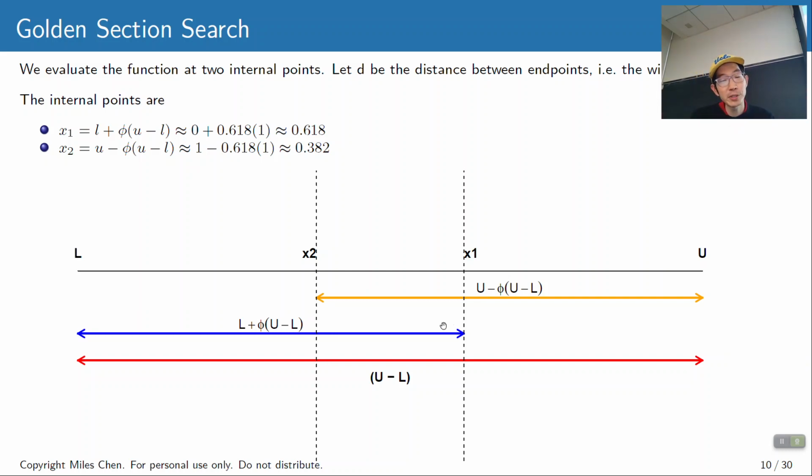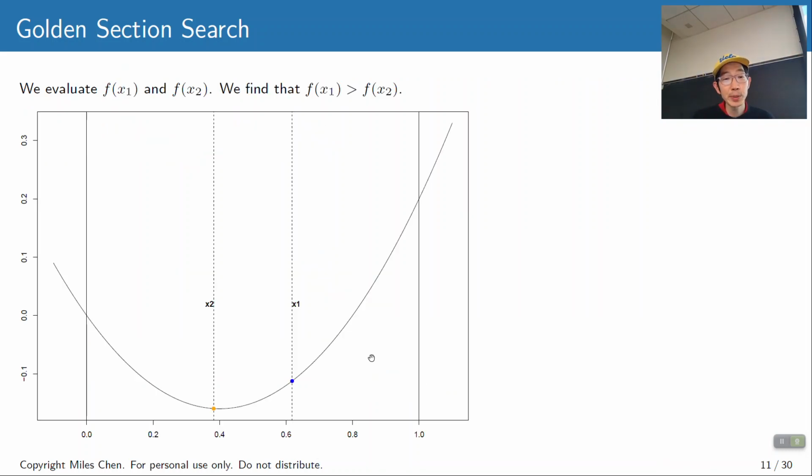In some other interval, you might not have such nice easy numbers, but you just follow the same principle. You take the difference between the upper bound and lower bound, multiply that by the golden ratio of 0.618, and then you go that distance from the lower bound toward the upper and from the upper bound toward the lower. So anyway, I'm going to evaluate at those two locations, 0.382 and 0.618.